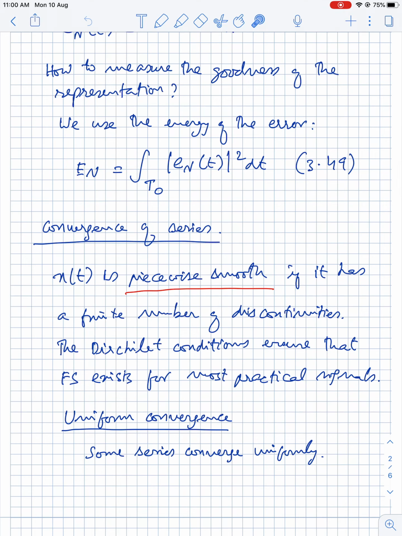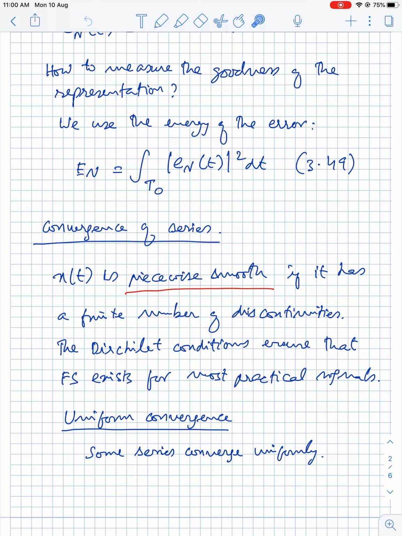Now we should look back at some of the ways in which infinite series converge. Before that, if x of t is a piecewise smooth function, that means it has a finite number of discontinuities.